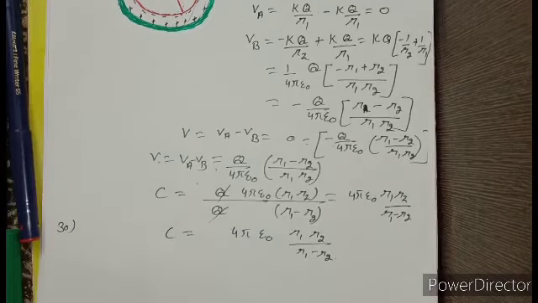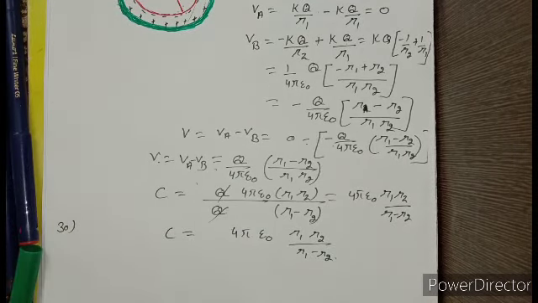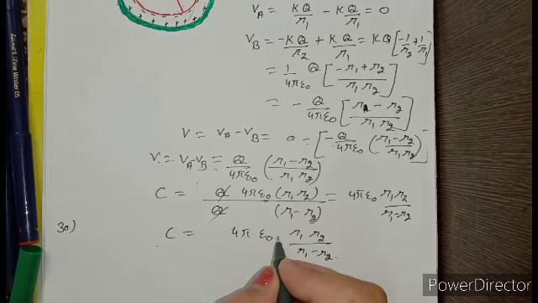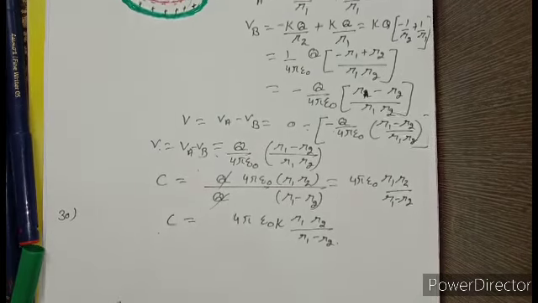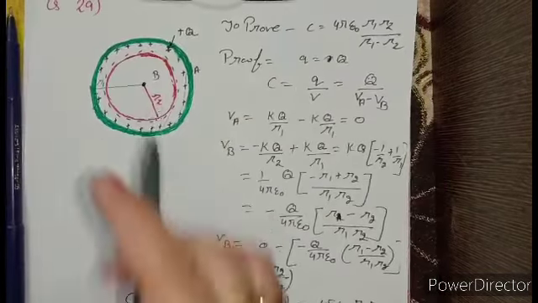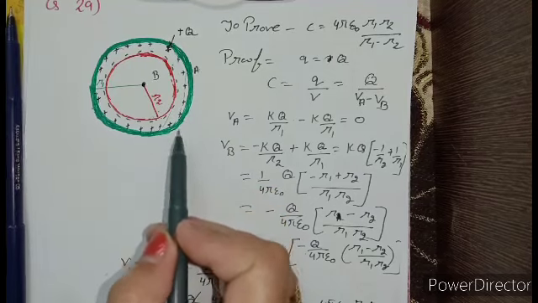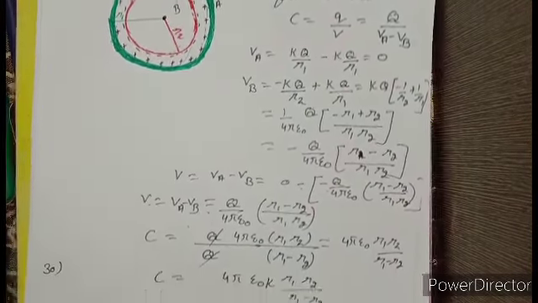Okay, but in this one thing is also given, the space between the concentric sphere is filled with liquid of the dielectric constant 32. So this formula will become, here we multiply with the K. Okay, so this is the capacitance when we fill this space with the dielectric having the dielectric constant 32.